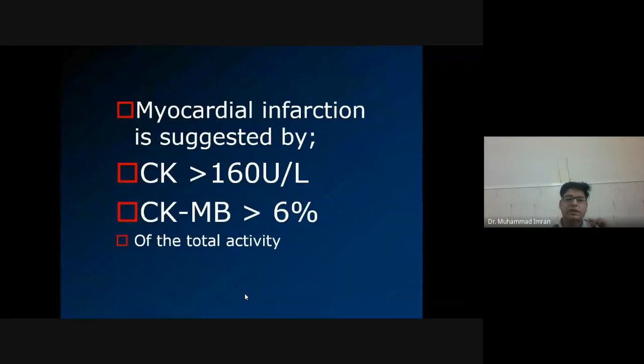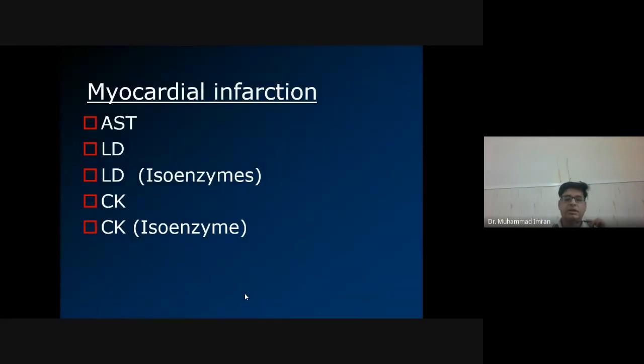And if we have a myocardial infarction, we have a high level of CK2, more than 160 units per liter, and more than 5% of the total activity. In myocardial infarction, all these enzymes are increased: AST, lactate dehydrogenase 1, and CK2.